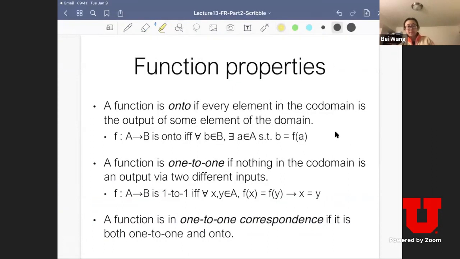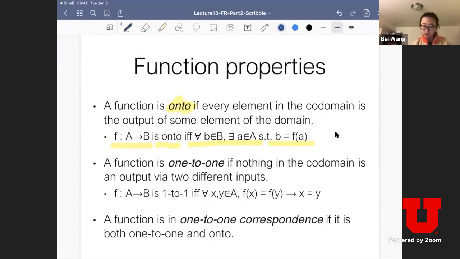So let's record some definitions. A function is onto if for every element in the codomain, there exists some element in the domain. So f from A to B is onto if and only if for all elements b in the codomain B there exists an element a in the domain A such that b is equal to f of a.